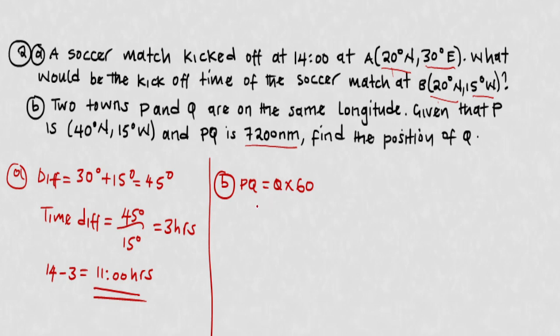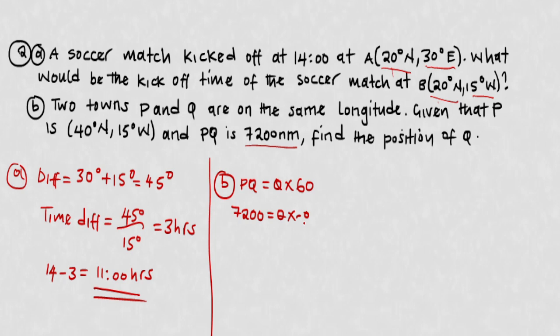If you are working in kilometers, you can't use this formula. So PQ, they've told us, is 7,200. So you put 7,200 here, then we don't know our theta, multiplied by 60.